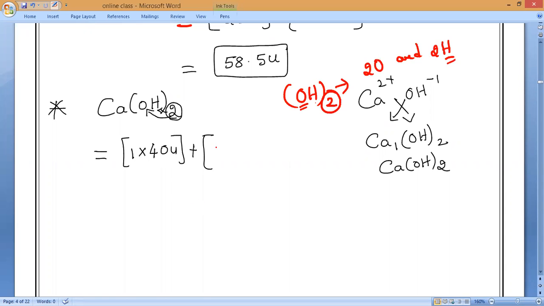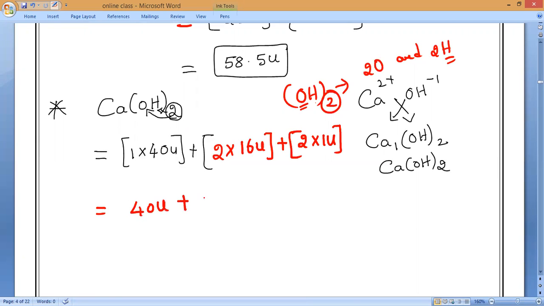So 2 into the atomic mass of oxygen, 16 U, plus hydrogen is also 2 and atomic mass is 1. That equals 40 U plus 32 U plus 2 U. If we add it, how much will it come? 74 U.